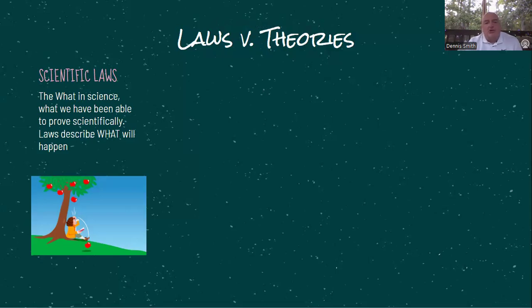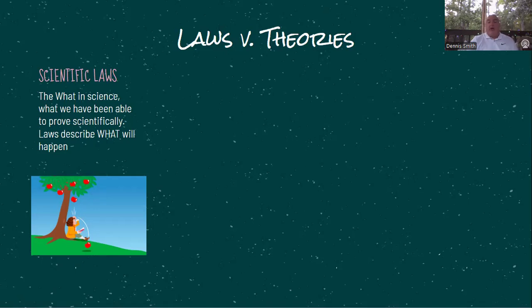So scientific laws. Scientific laws are the what in science. What we've been able to prove scientifically through numerous thousands, hundreds of thousands, millions, an infinite amount of experiments. Laws describe what will happen. Usually it's what you see. Okay, so scientific laws are going to be the things that you see that are going to happen.